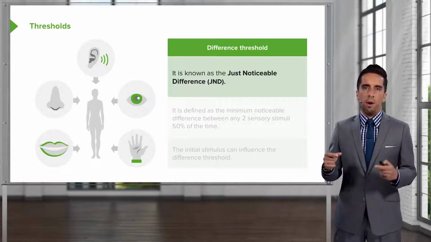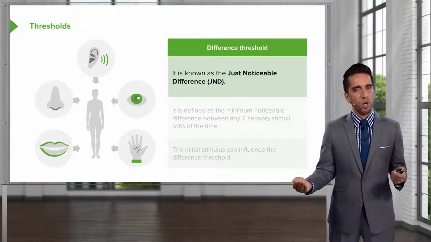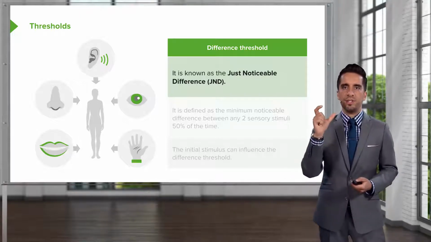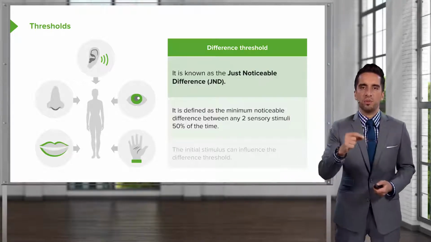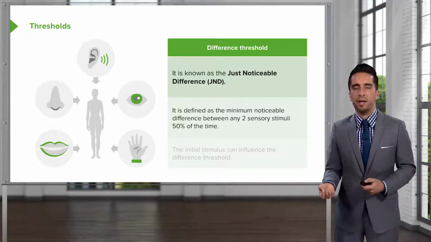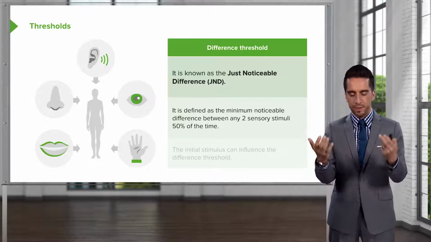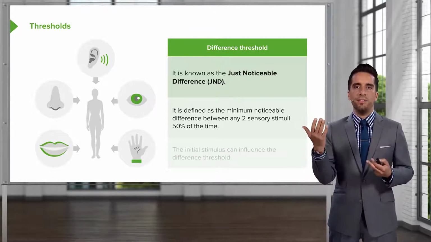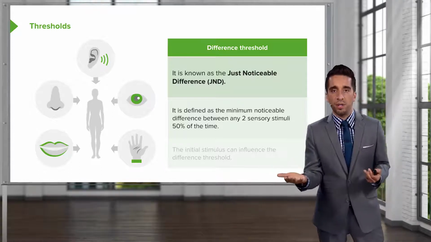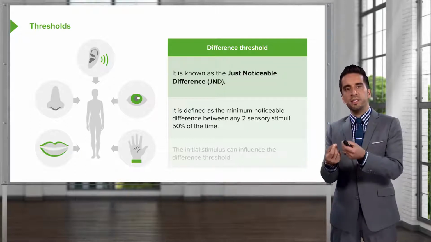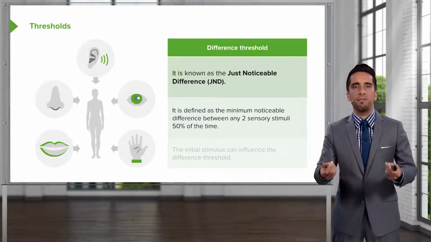Now, difference threshold is also known as just noticeable difference. This is defined as the minimum noticeable difference between any two sensory stimuli half of the time. What we're saying here is detecting change. If you are activating a sensory receptor with a stimulus, you need to detect a difference at least half of the time.